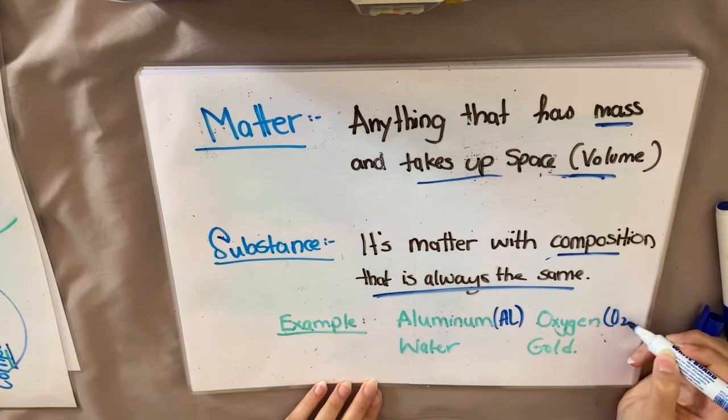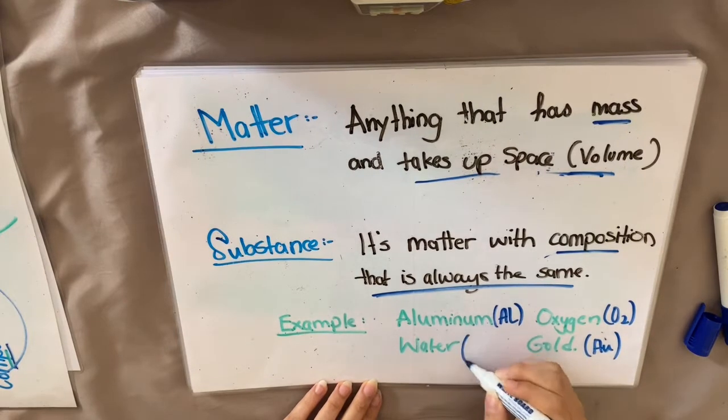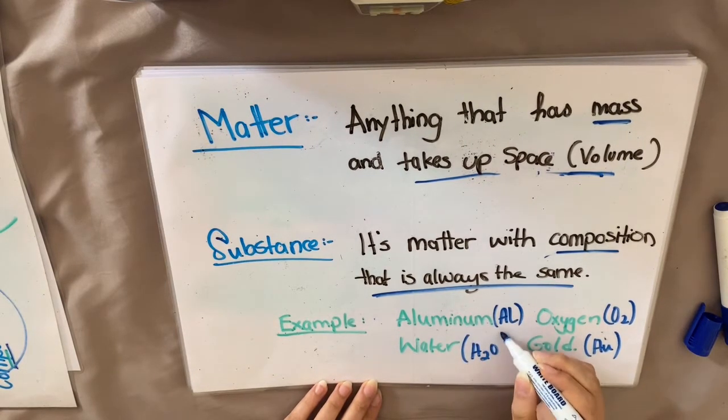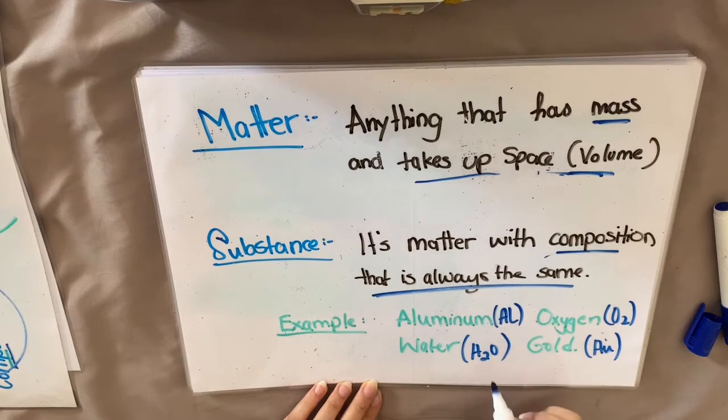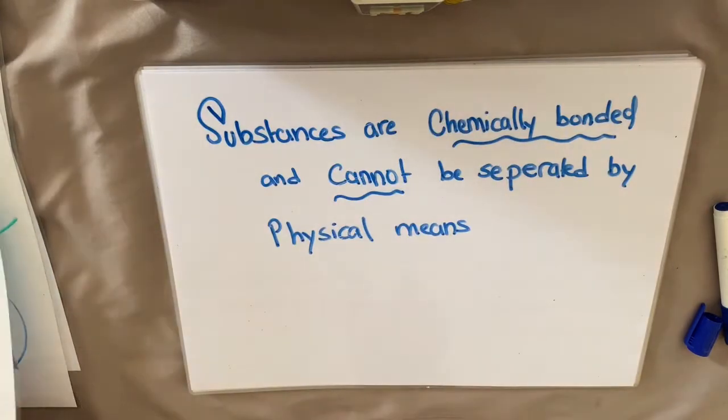Oxygen, made up of oxygen atom. Gold, made up of gold atom. Water, made up of a water atom. But here, what is a water atom? It's a combination of two elements, but with a composition that is always the same. We are going to talk more about this soon.